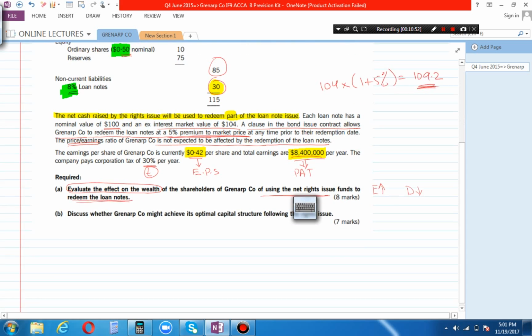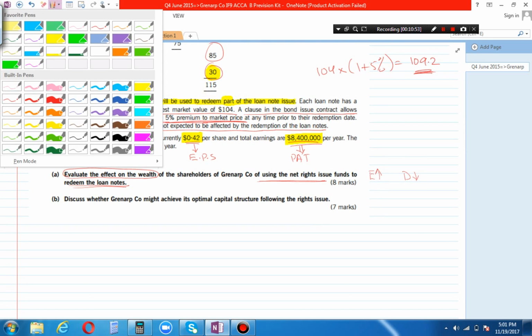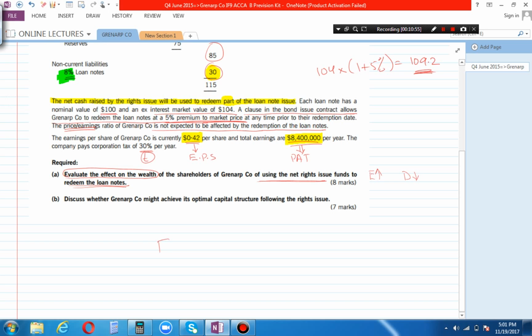Well, if you have to calculate EPS, earning per share, the formula is profit after tax divided by number of shares. After the rights issue, the number of shares will change, and because we'll have new finance, it means that profit after tax will also change.